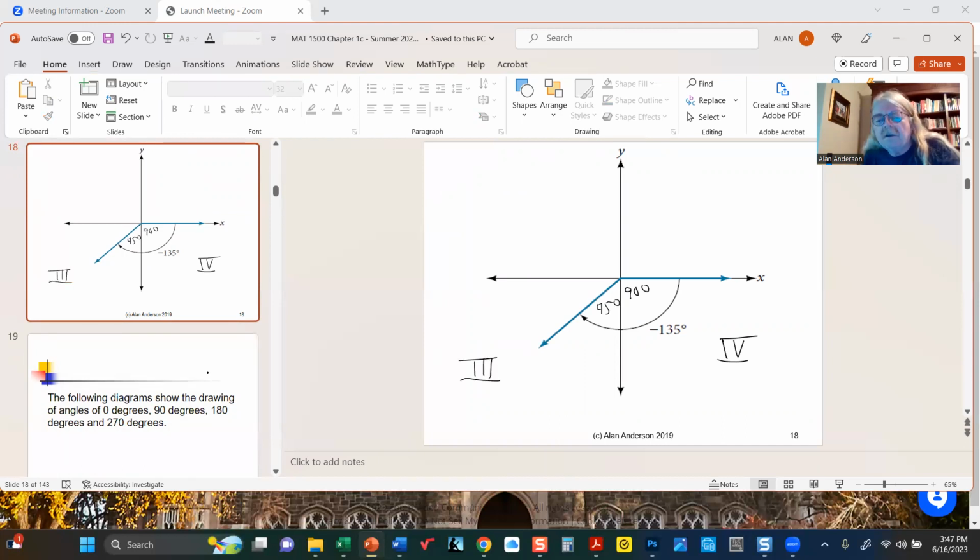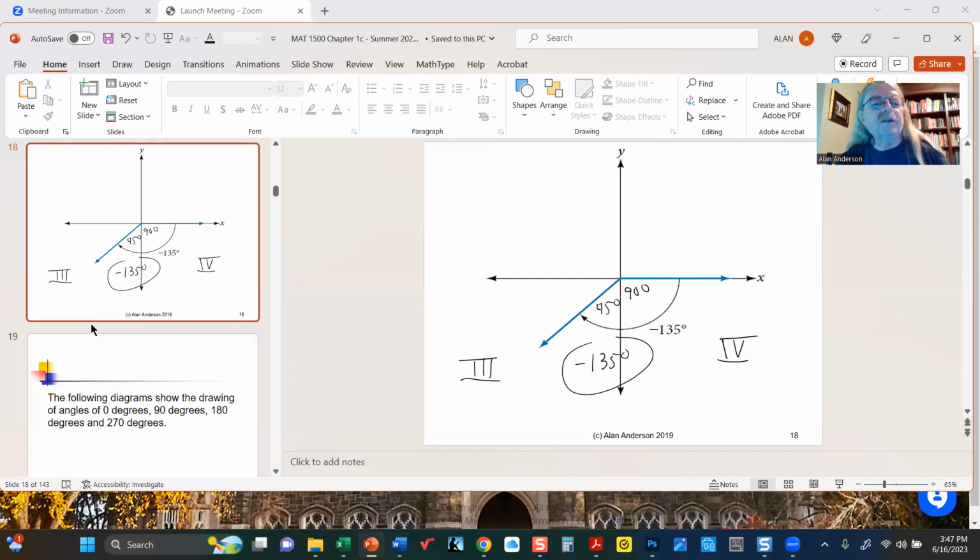So these add up to 135, but because we're going in the clockwise direction, this angle is defined as negative 135 degrees. It seems strange that there can be negative angles, but because there's a concept of direction here, we can go in either direction.